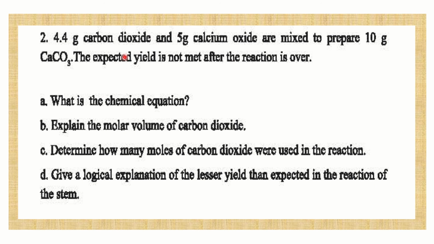We know when the expected amount of product is not produced, there may be an impurity. If there is any impurity present in calcium oxide or carbon dioxide, or if we take a lesser amount of carbon dioxide or calcium oxide, then we will not get the expected amount of product. We have to find out that.